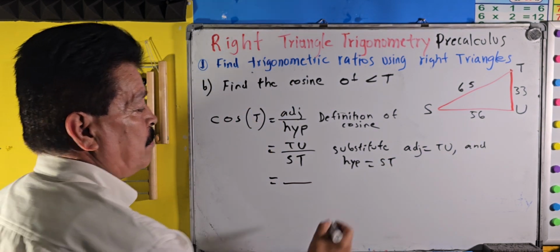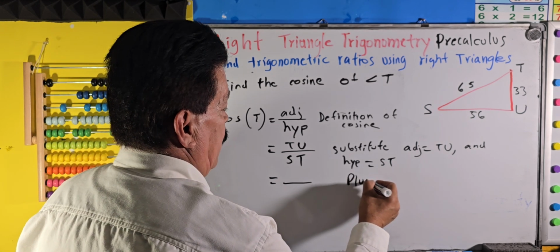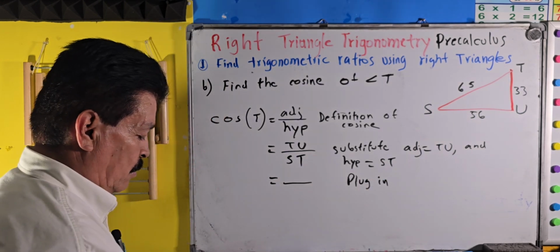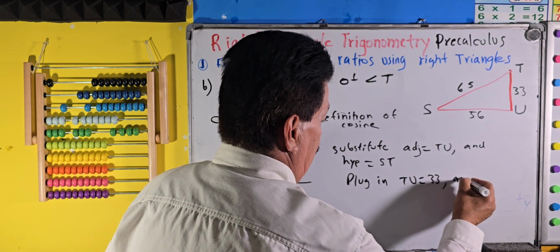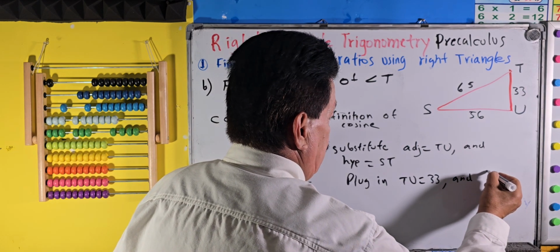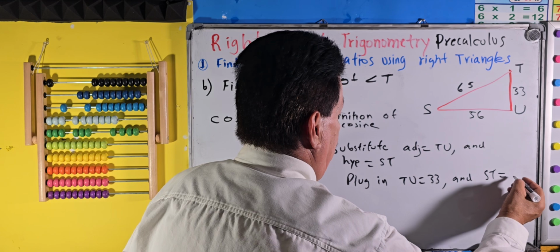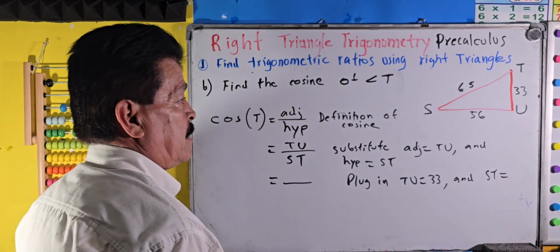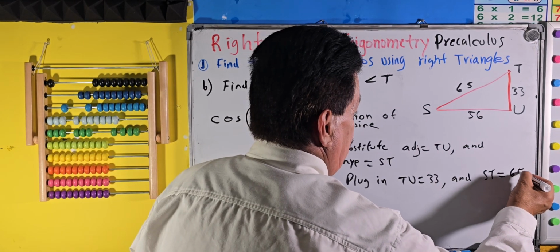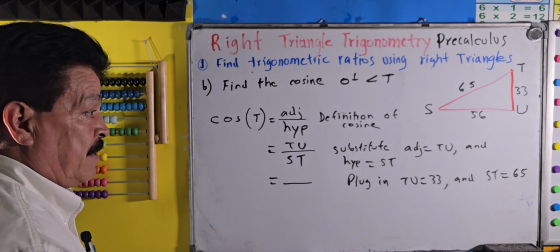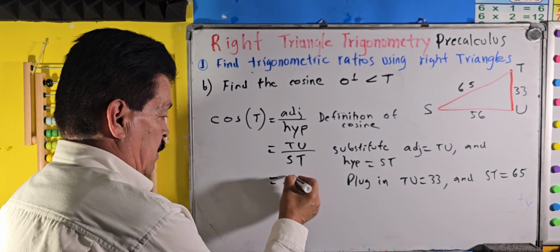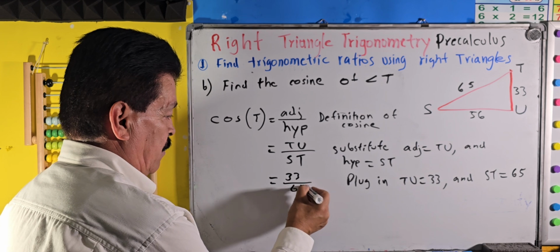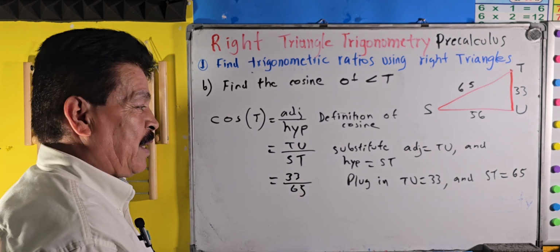So the next step is very simple. Substitute, plug in the values. TU equals 33 and ST is equal to 65, right? It's right there. Perfect. Exactly.